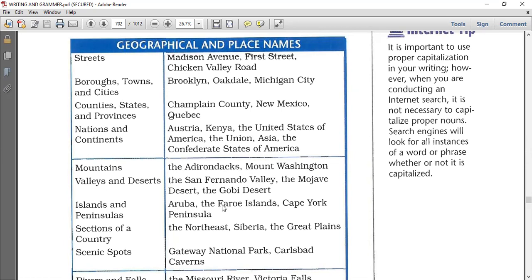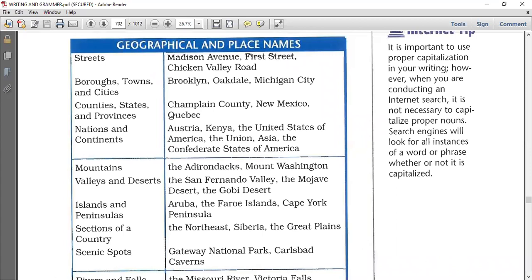Aruba, the Faroe Islands, Cape York Peninsula, or Sinai Peninsula in Egypt, or the Arabian Peninsula, Sinai capital S, Arabian capital A. Sections of a country like the Northeast, Siberia, and the Great Plains. These are sections of a country.